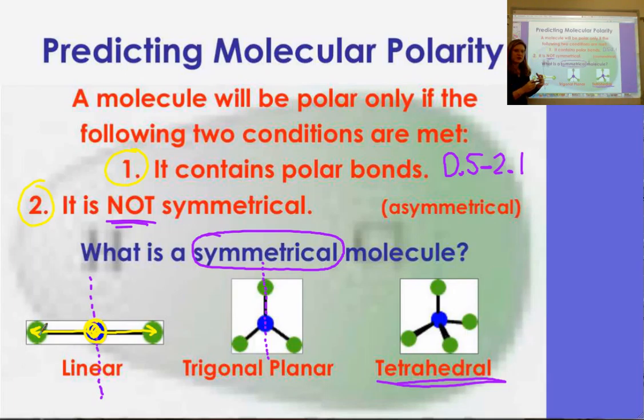It's feeling a tug from each direction equally. So here's 1, 2, 3. That's symmetrical as well. This central atom is being pulled top, bottom, left, and right equally. So if the tug on the central atom is equal, we're going to say that it's symmetrical. So in order to be a polar molecule, it has to be asymmetrical. That tug on the central atom has to be different in certain directions.